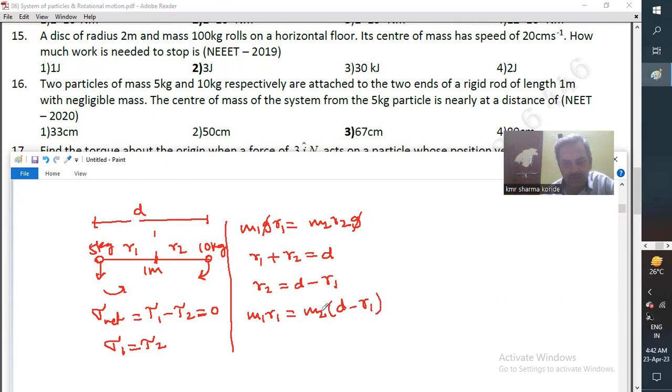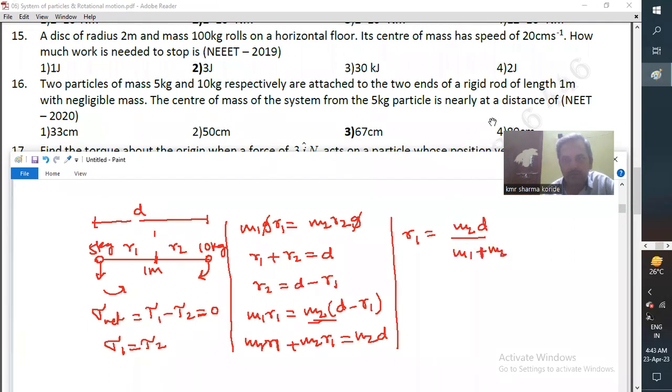So after expansion, you can get on the left side M1 R1 plus M2 R1 is equal to M2 D. Taking out common R1, what we are looking for is R1 equals M2 D by M1 plus M2.